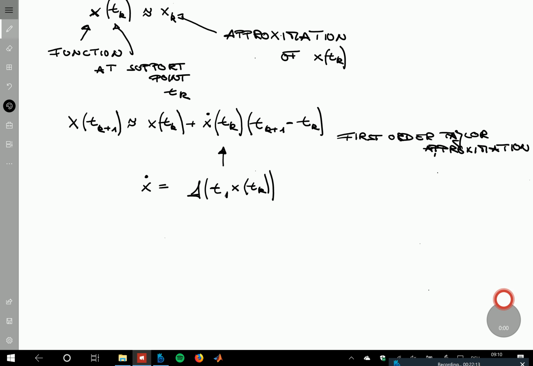Now if we have a fixed value t_k, then we know the value here. Somehow I'm sloppy today. Then we know the value of the derivative of x at t_k, because we know that from the problem. The problem was given to us as such.